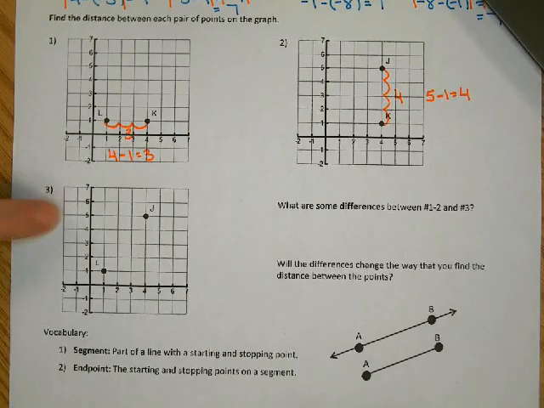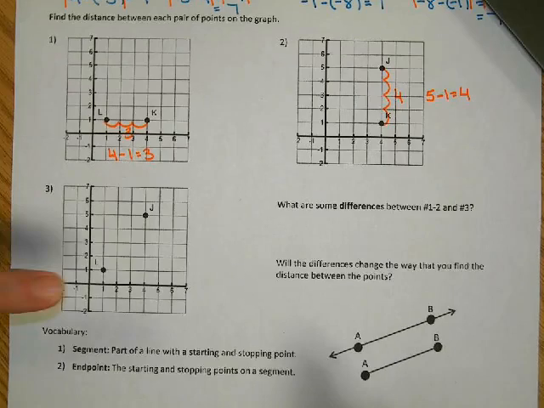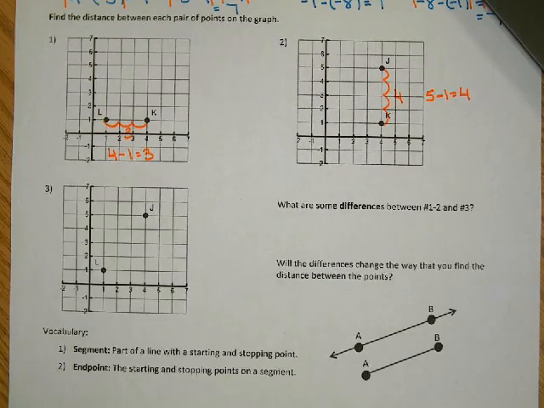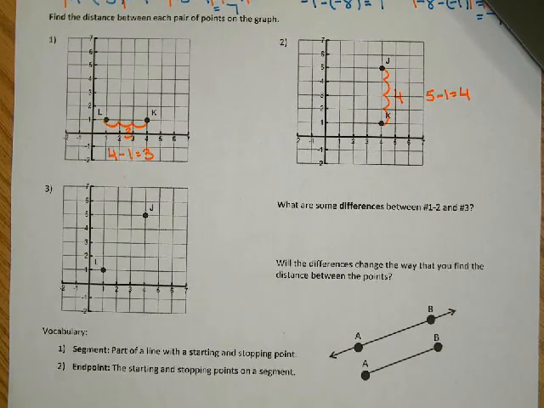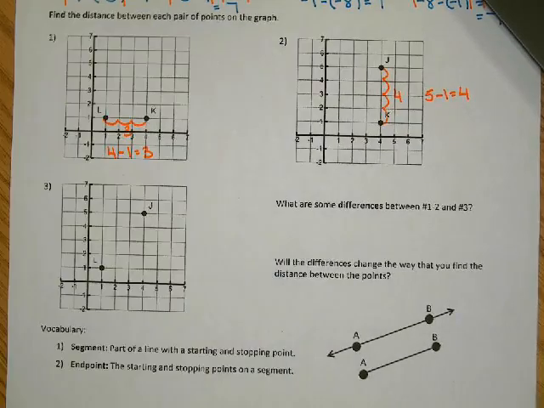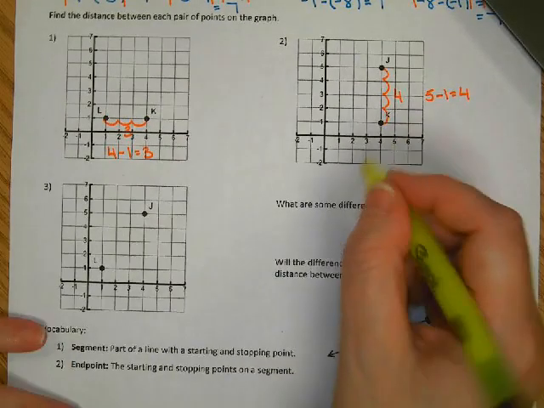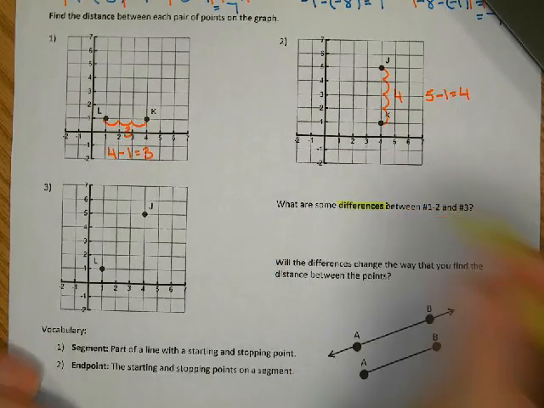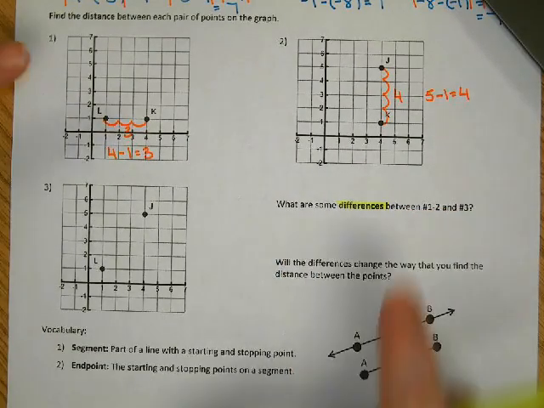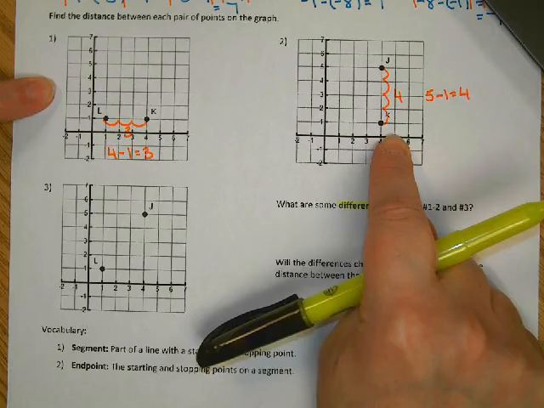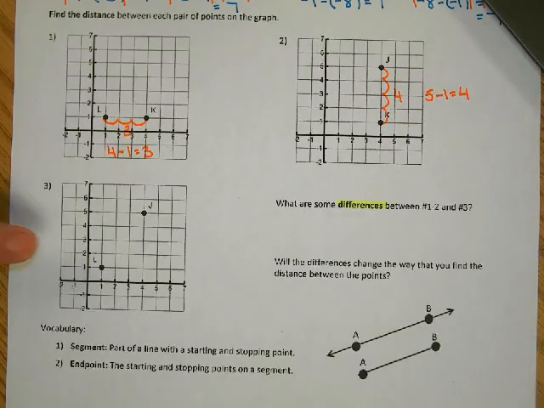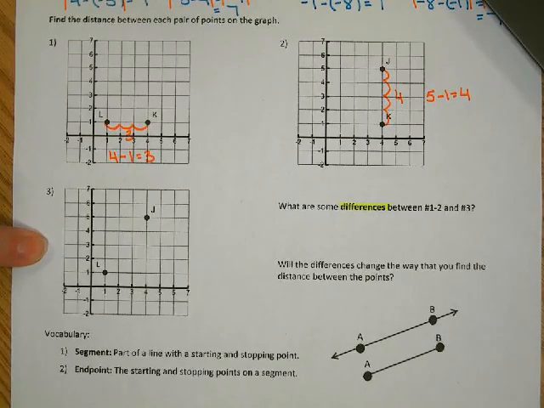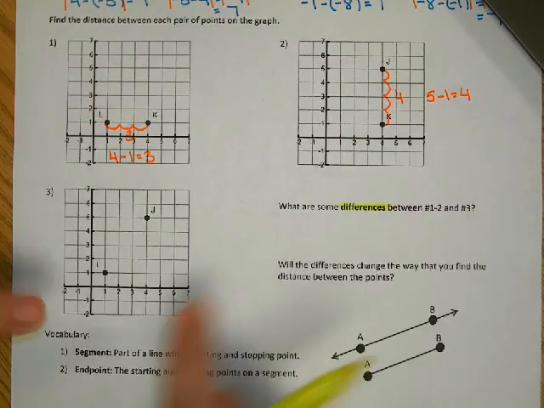So here we have number 3. We have the points L and J. So turn to your partner and talk about some differences between numbers 1 and 2 and number 3. Okay, what makes these two different than number 3?